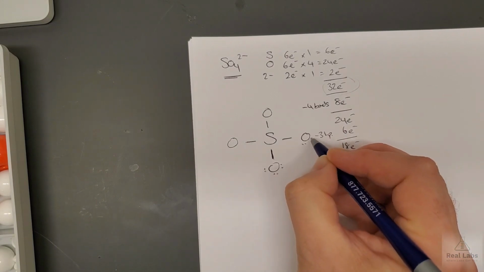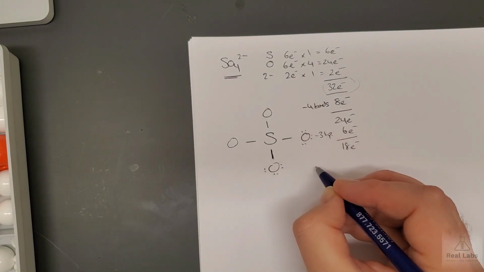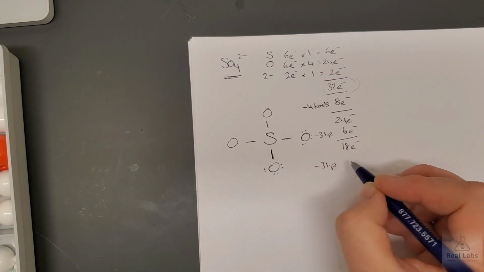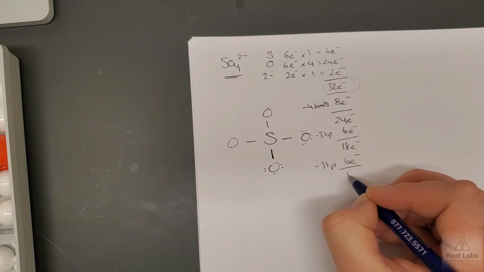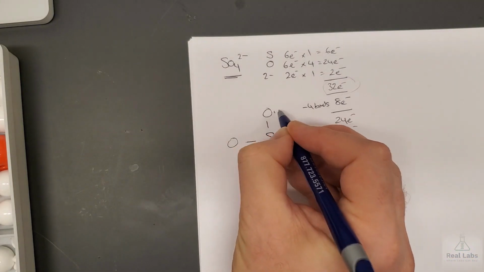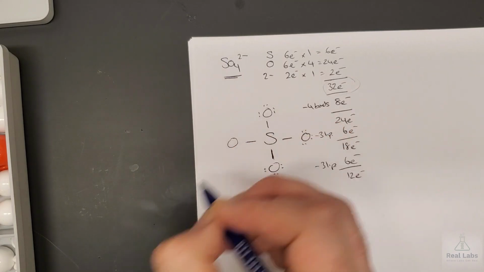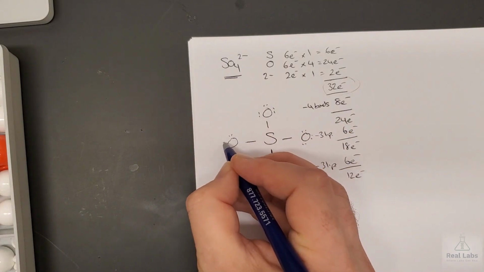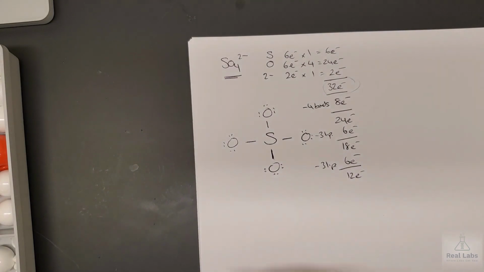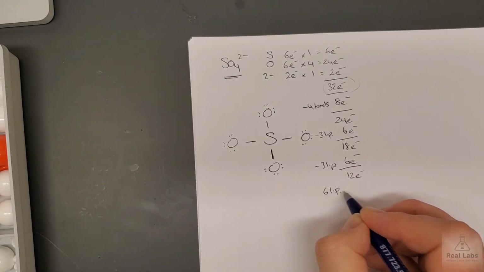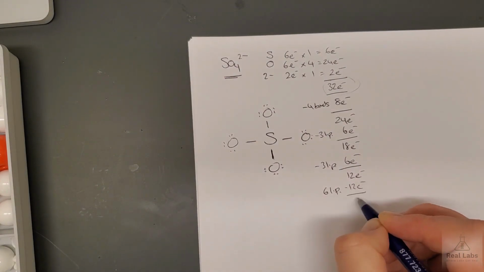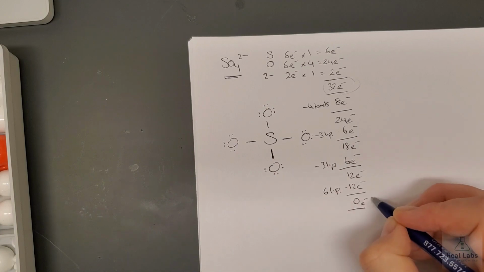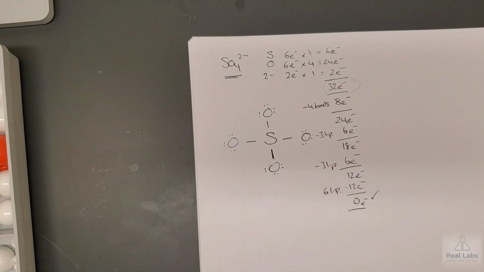We're going to do the same here, so minus 3 lone pairs, minus 6 electrons, that leaves us with 12 electrons. And I'm just going to do these 2 together. There's a total of 6 more lone pairs. So if we do 6 lone pairs, that's the remaining 12 electrons. We have now used all of our valence electrons.